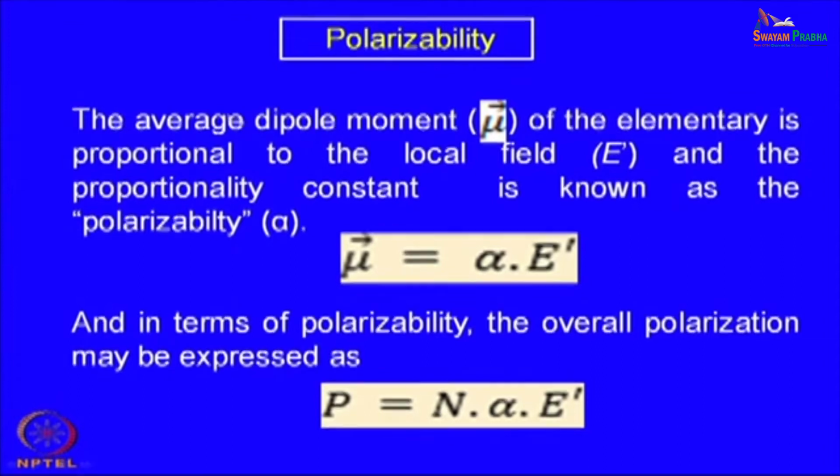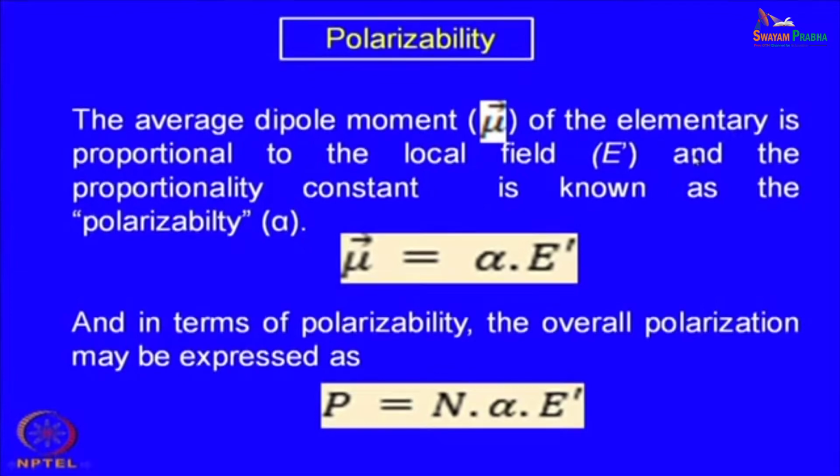Okay. So, the average dipole moment mu bar of the elementary dipole is proportional to the local field E prime, which we have just discussed, and the proportionality constant is known as the polarizability or alpha.